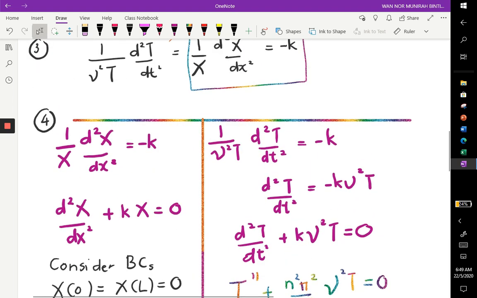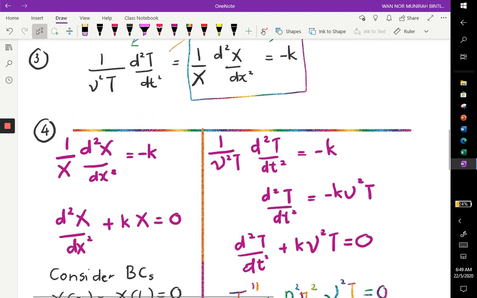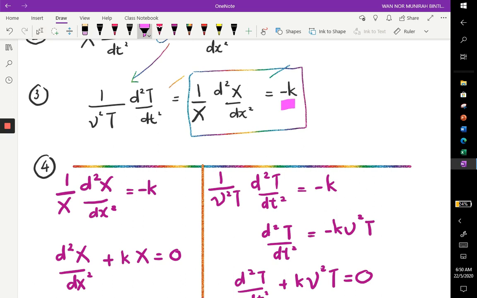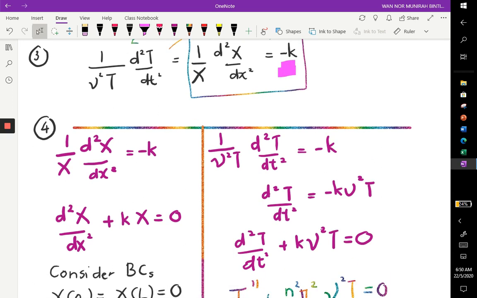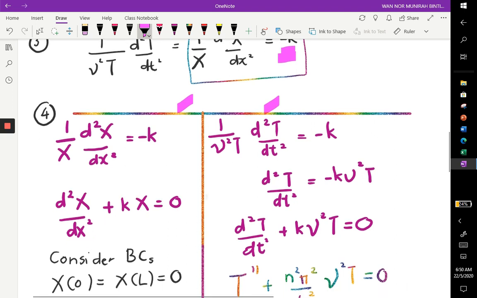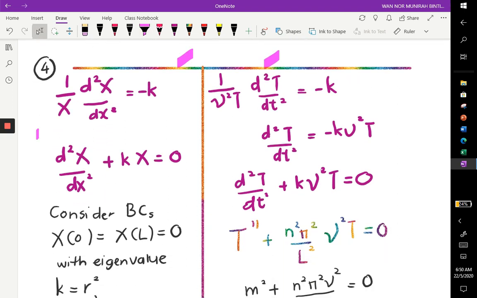So next step is we try to separate the variables and equate to negative k. Then we have this one. I divide or split the equation into two and solve it separately. For the x variable, we have discussed on heat equation, so that we have this equation.